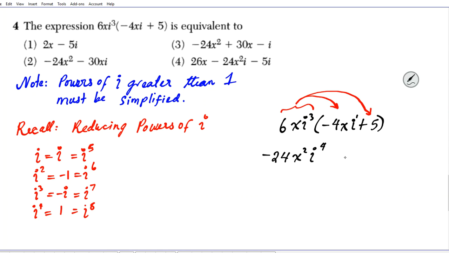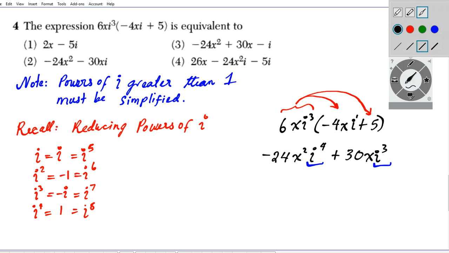Then 6xi to the third times 5. 6 times 5 is 30, so we have 30xi to the third. Now, which terms do we have to simplify here? Which values? i to the fourth, the power is bigger than 1, so it has to be reduced. i to the third has a power that's bigger than 1, so it must be reduced also.